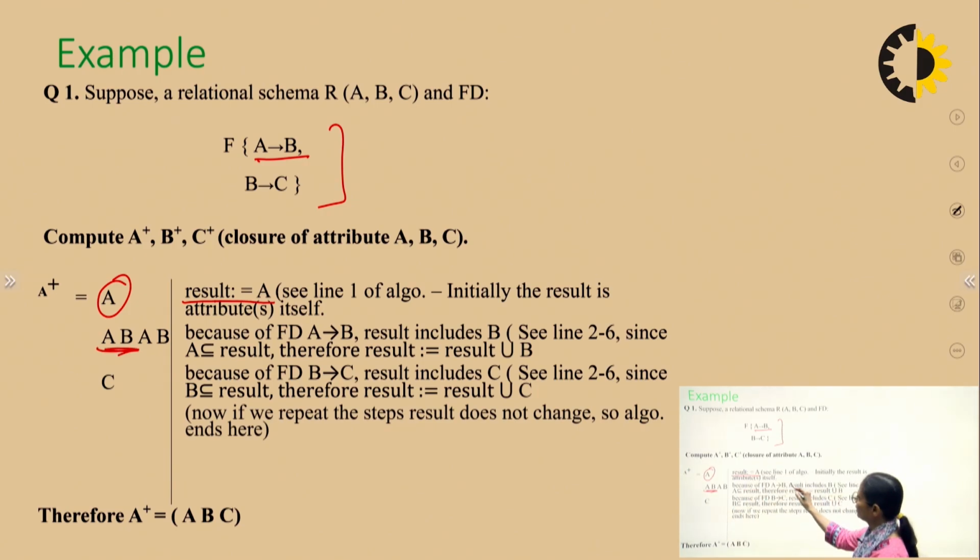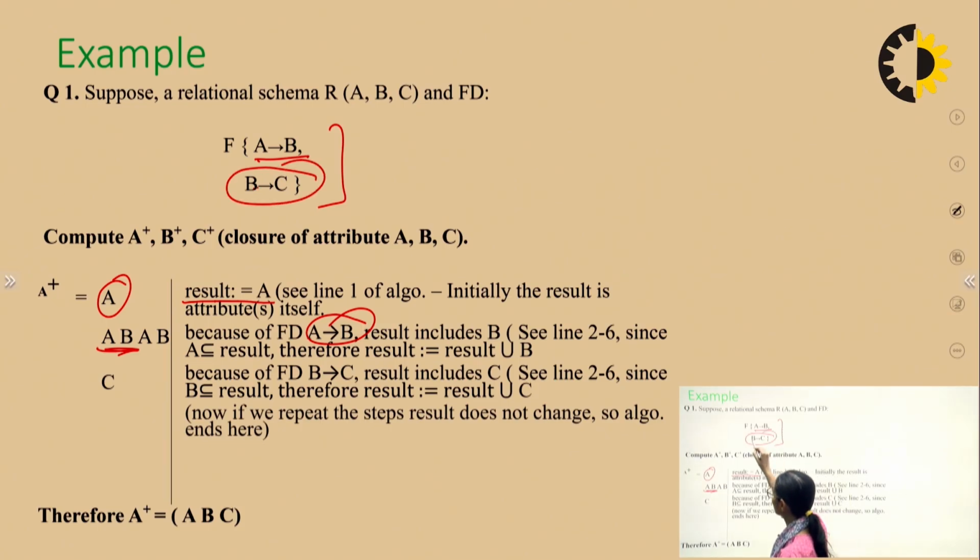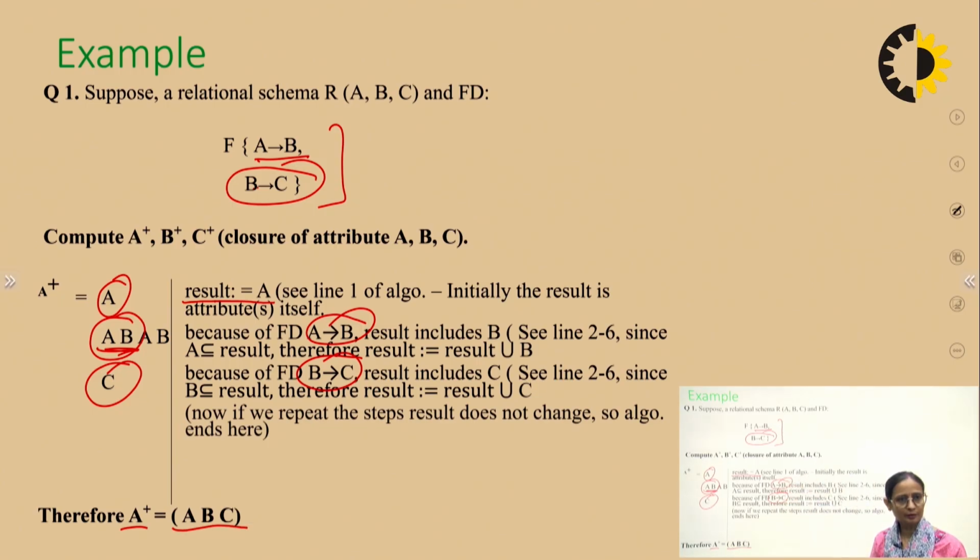Why? Because A implies B, the result includes B. Now we go further on. Now look at this FD. B is a subset of this result part, and B implies C, so now C becomes part of my result. So the closure of my attribute A, in this case, becomes A, B, C.